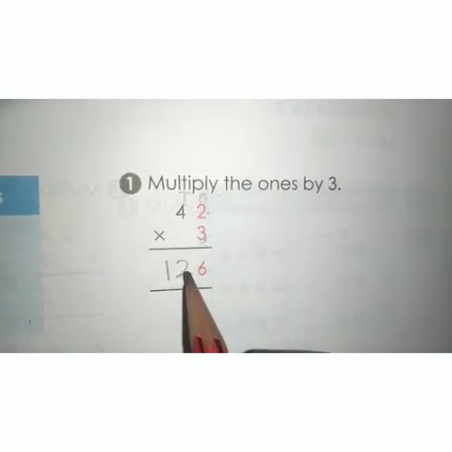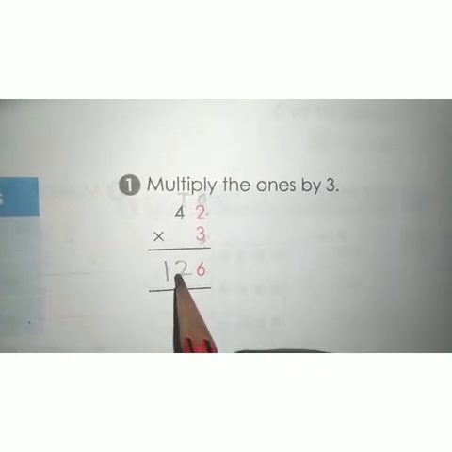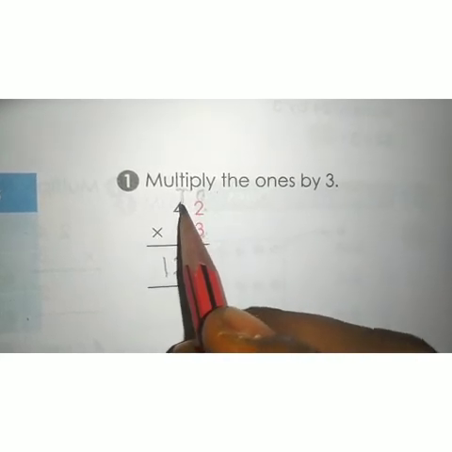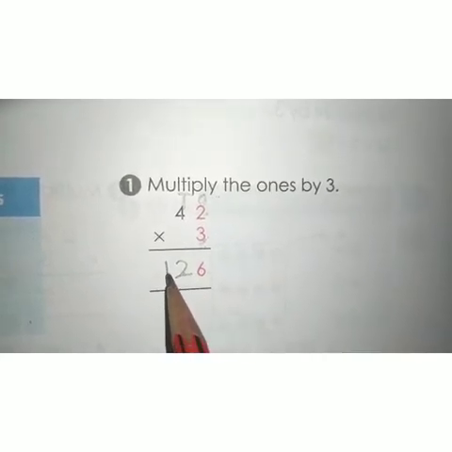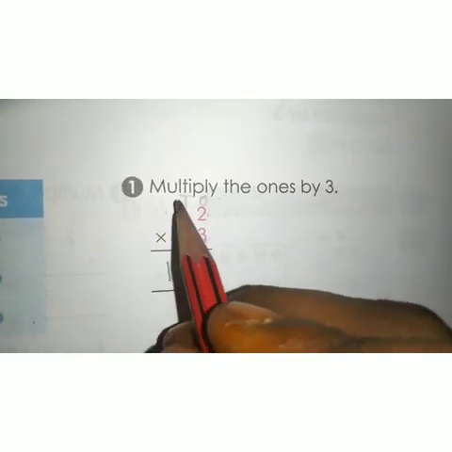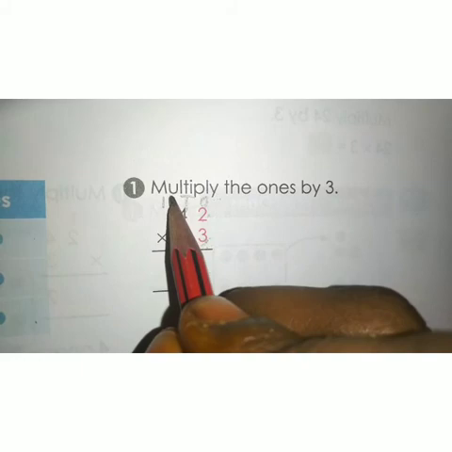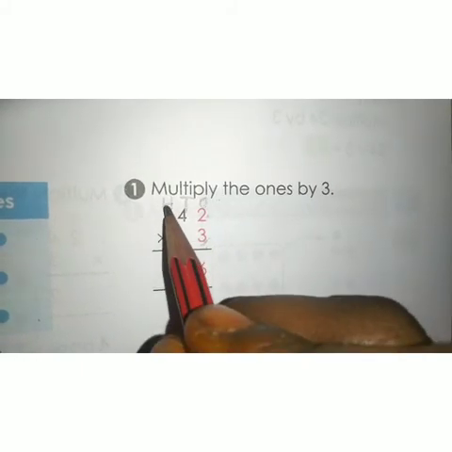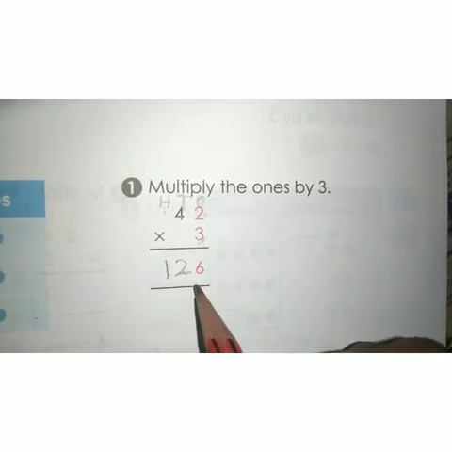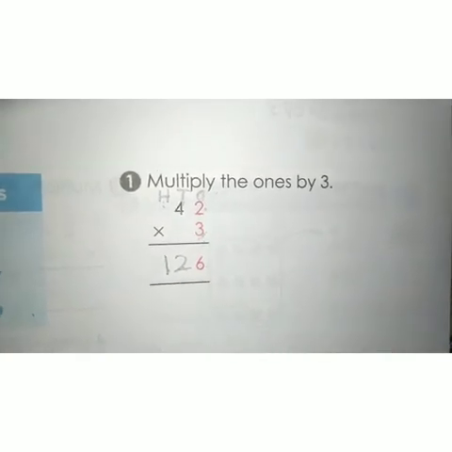From 12, 2 comes under tens place. 1 will be carried over to hundreds place, which is not 1, but 10 tens. 10 tens are equal to 100. 1 will come under hundreds place. Therefore, 42 into 3 equal to 126.